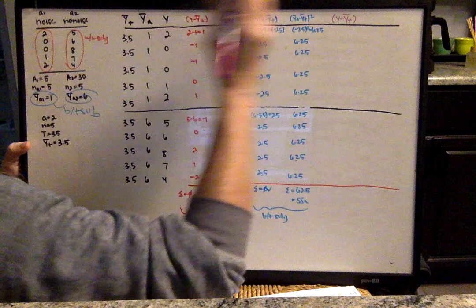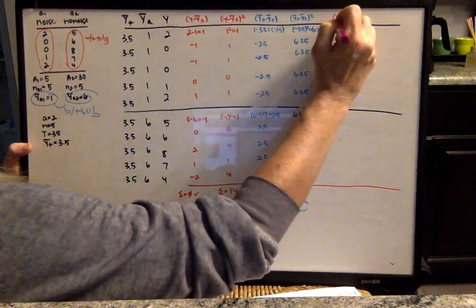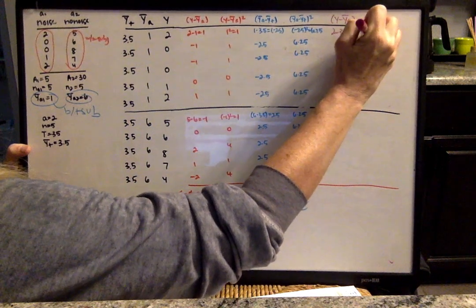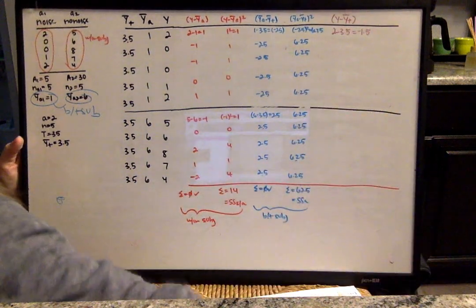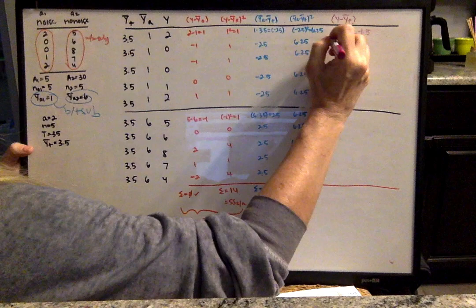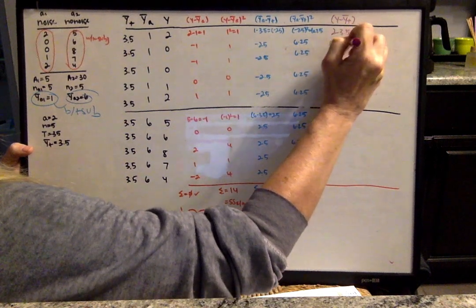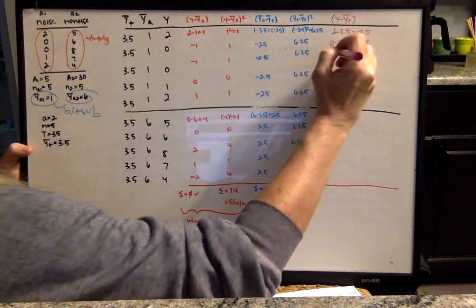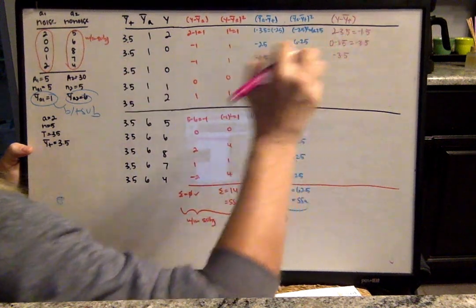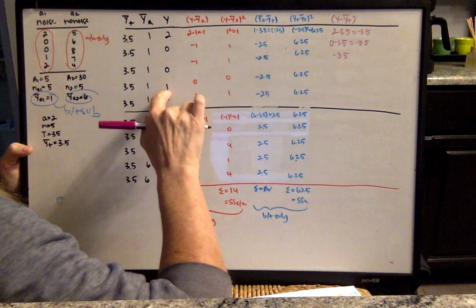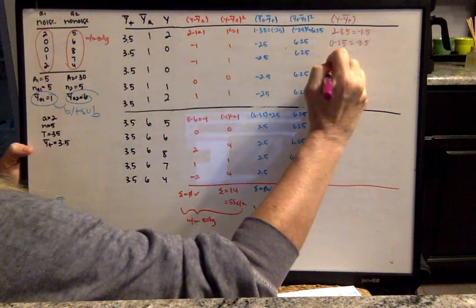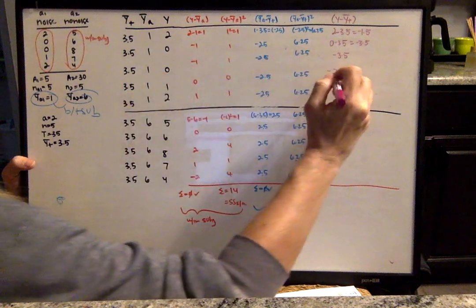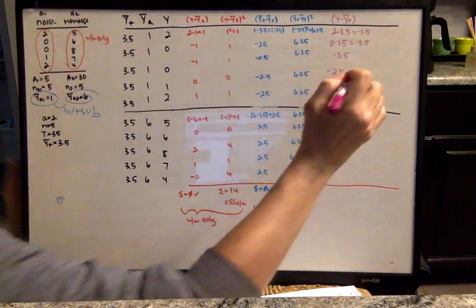So 2 minus 3.5 is negative 1.5. 0 minus 3.5 is negative 3.5. 0 minus 3.5 is negative 3.5. 1 minus 3.5 is negative 2.5. And 2 minus 3.5 is negative 1.5.